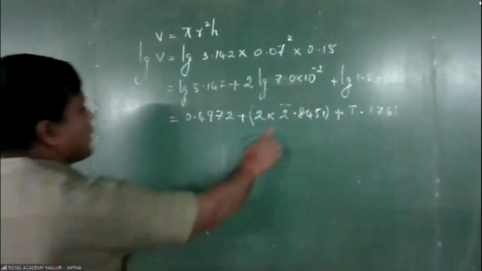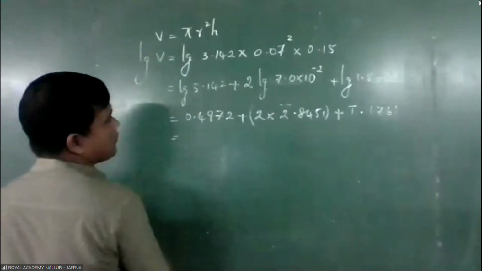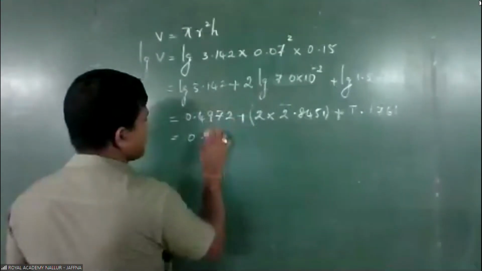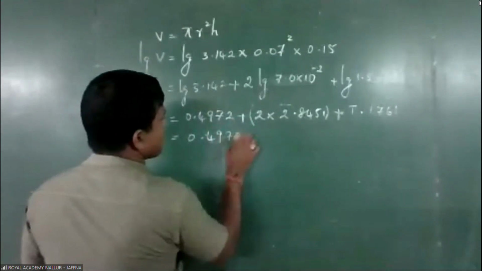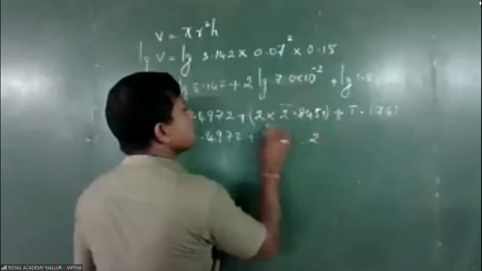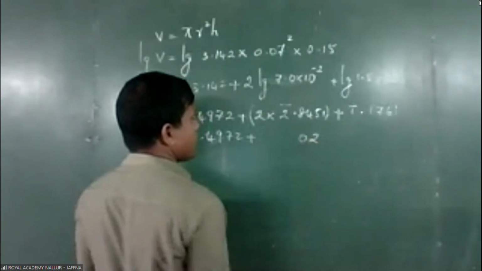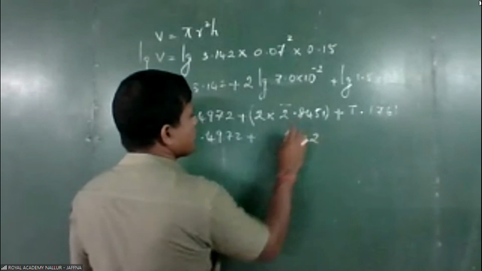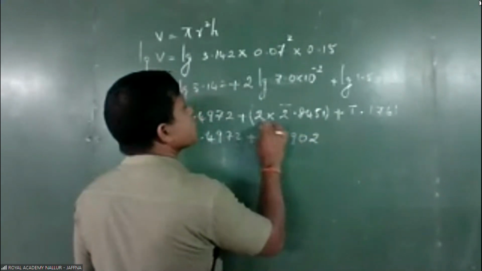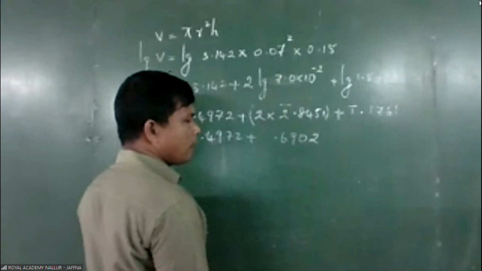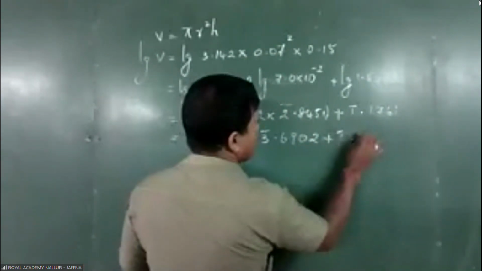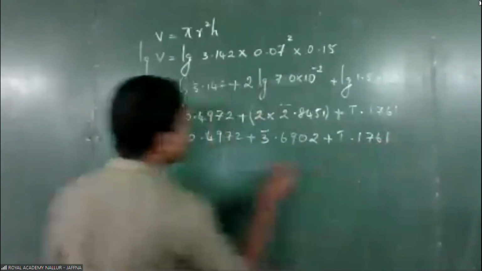Then you have to multiply and add. So 0.4972 plus 2 into 1, 2, 2 into 5, 10, 1 remaining, 2 into 5, 8 plus 1, 9, 2 into 8, 16, 1 remaining, 2 into bar 2 is bar 4, plus 1 is bar 3, plus bar 1.1761, all together you have to add.